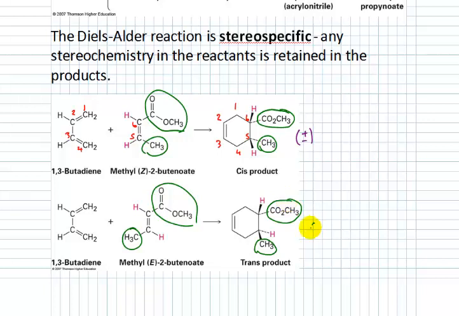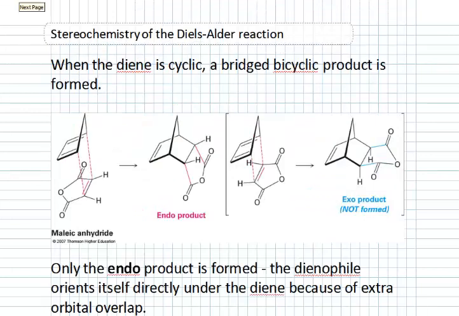And you can draw, I'll just say plus minus to show that the other enantiomer is also formed. So you can just choose to draw one. If you draw one up, just draw the other one down. It doesn't matter which enantiomer you draw. But make sure the stereochemistry in your product is consistent with the reactants that you used.